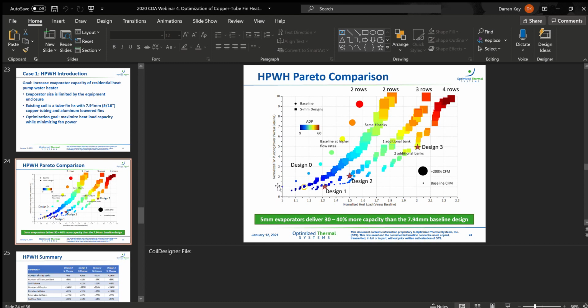And then we increased fan power and saw what the resultant capacity was as a result. So this first curve that you see here is just the original heat exchanger with increasingly higher fan pumping power. And of course, if you turn the fan up, you can get more capacity there.